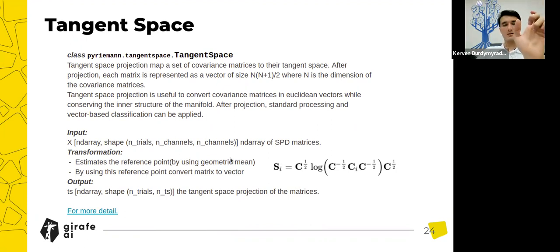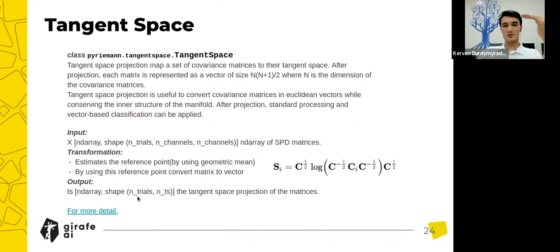Then, by using this formula, it converts our matrix to vector form, and the output is this projection on the tangent space.